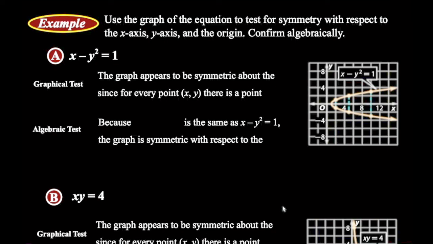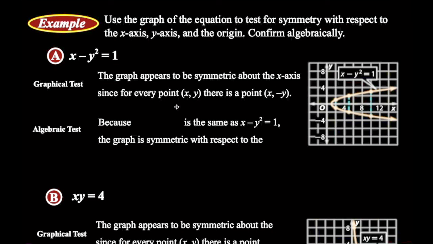So the way we would test symmetry about the x-axis is by checking to see if we put in a negative y and get that point. For every point (x, y), we want to end up with (x, negative y).